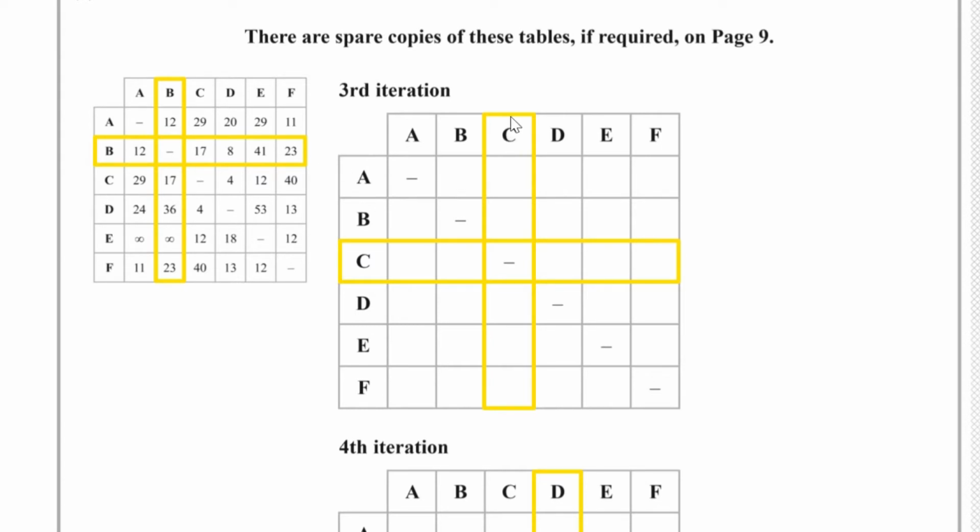So now if we fill in the column and the row for C for the 3rd iteration, we've got 29, 17, 4, 12, and 40. And going across, we've got 29, 17, 4, 12, and 40.